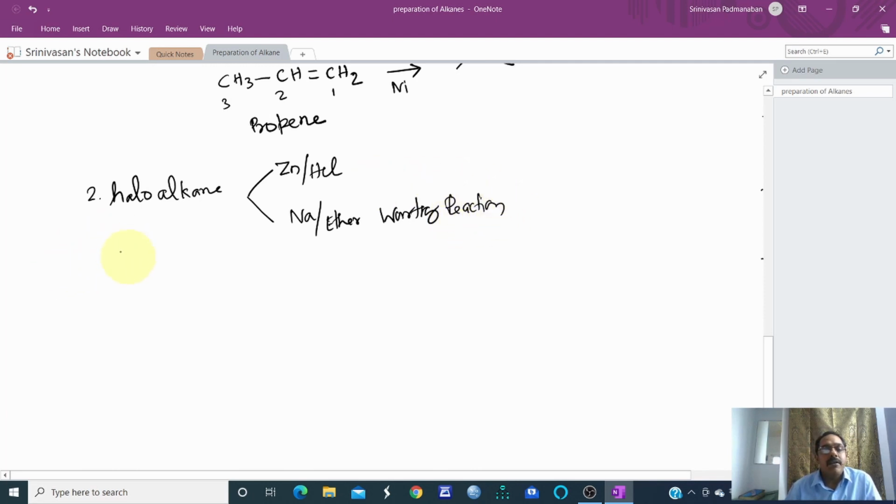So we'll take the second A as the reagent Zn and HCl. So we are preparing alkane by taking haloalkane.